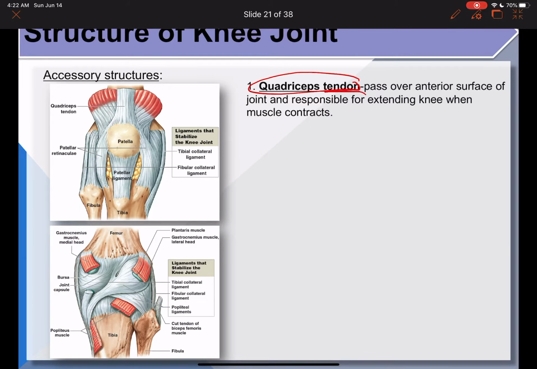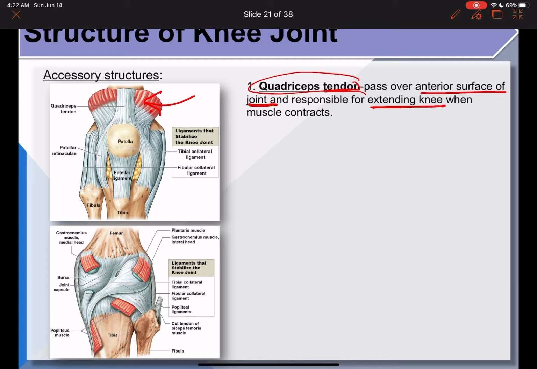Remember, tendon connects muscles to bones. So it passes over the anterior surface of the joint and is responsible for extending the knee when this muscle right here contracts, which is this particular muscle, as we will learn in the muscle identification lab, the rectus femoris.